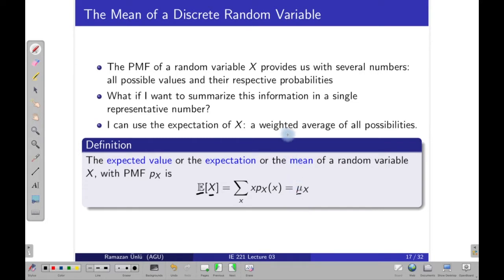So before jumping into the details of the expected value, I just want to clarify the weighted average. So what is the weighted average? Let me give you a solid example.